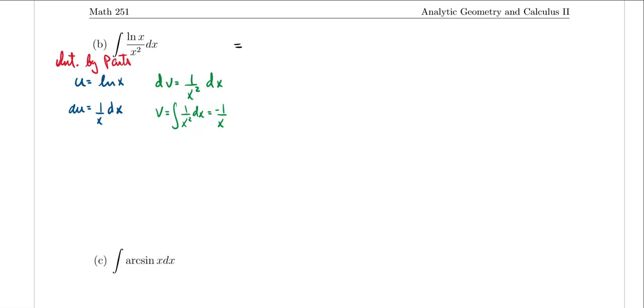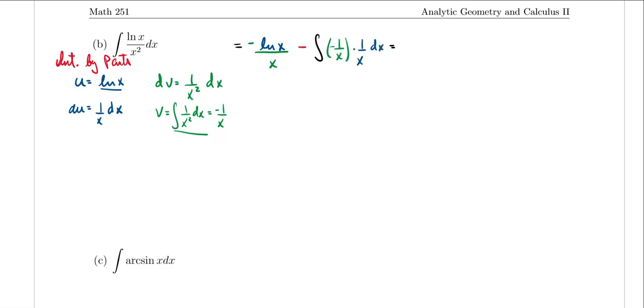So we're going to have the integral, well, since it's the same line, I'll keep it here. The integral of ln of x all over x squared with respect to x is equal to our u times our v. So we're going to get negative ln of x over x minus the integral of our v du.